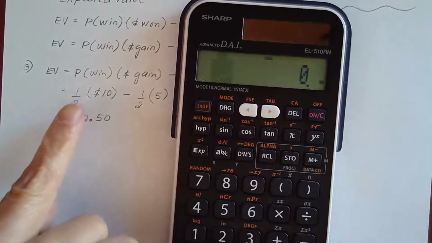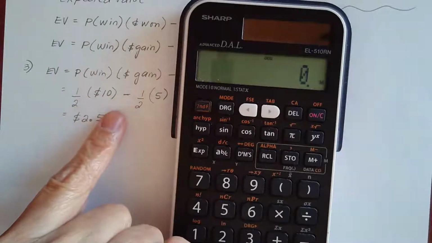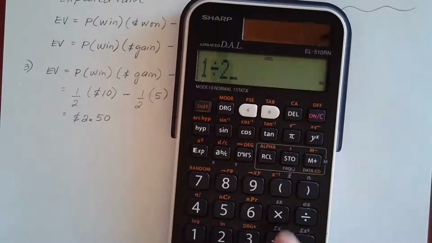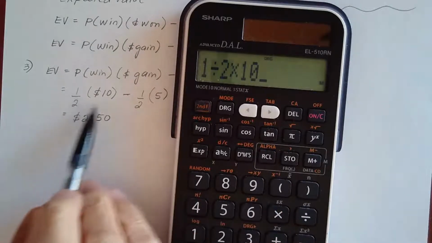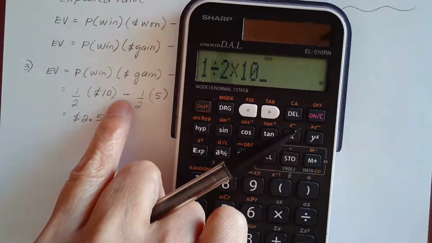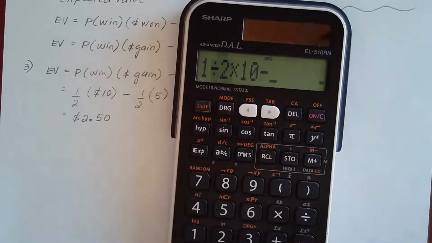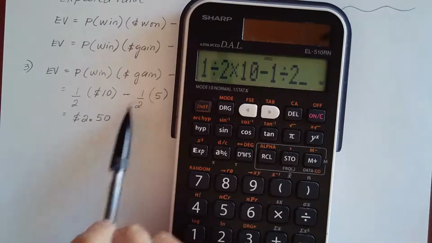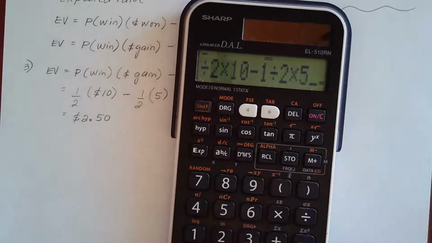So if you were to type this into your calculator, you would go 1 divided by 2 times 10. Okay, so that's that part there. And then I've got to do subtraction. Subtract 1 divided by 2, so that's the 1/2 times 5.